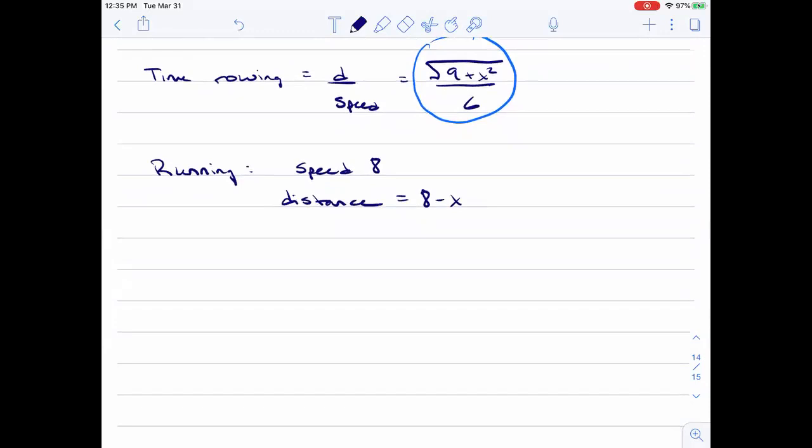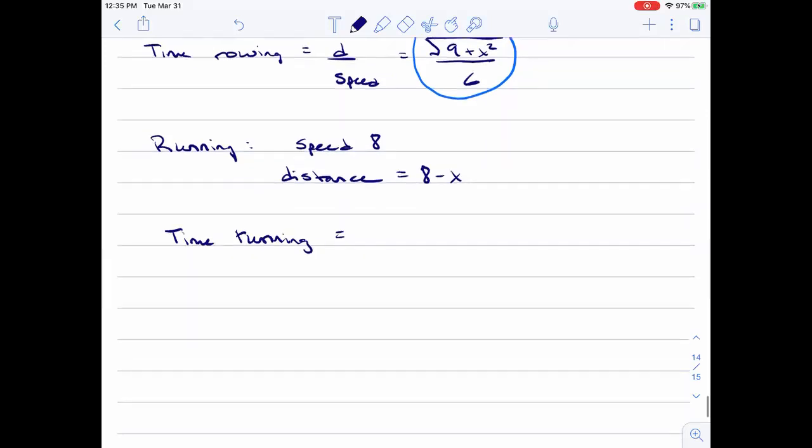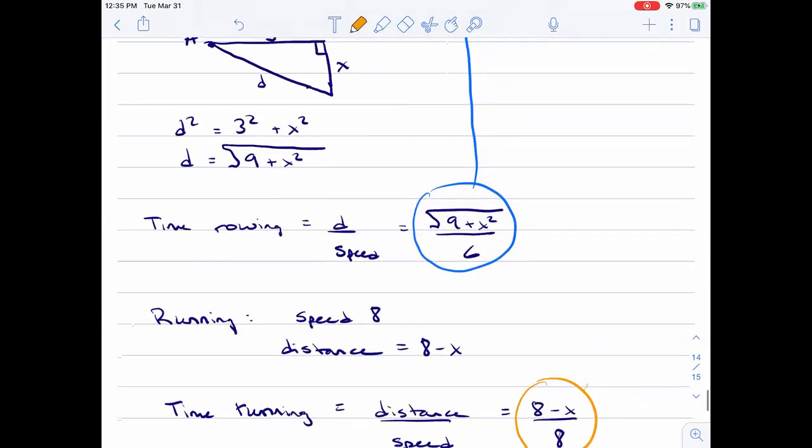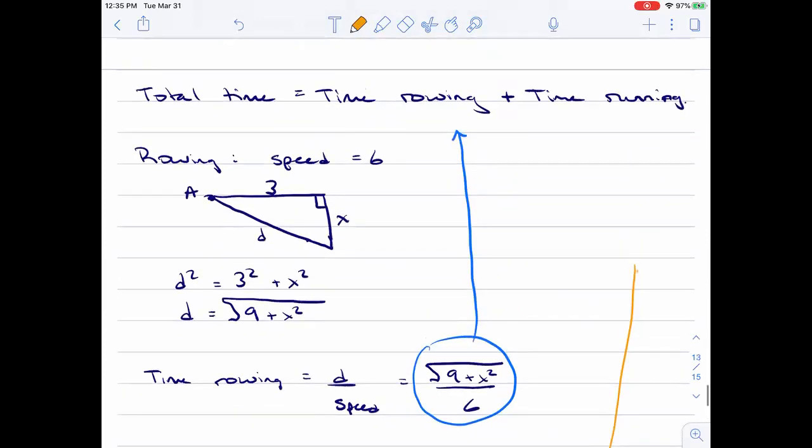Then the time running is the distance over the speed, which in this case is 8 minus x over 8. This is the time spent running, so I'll pull that up there.